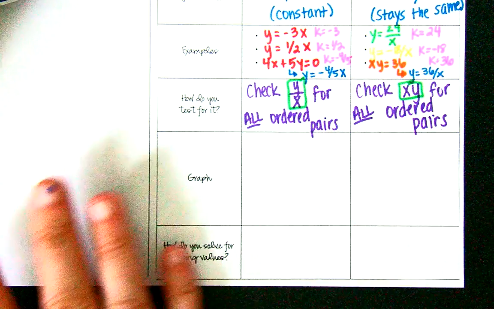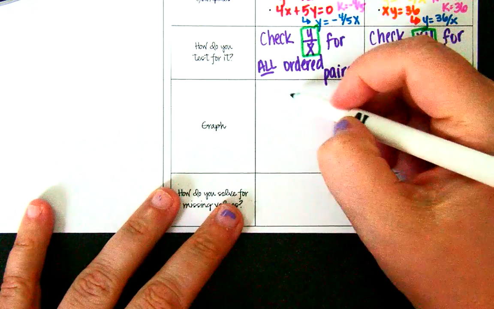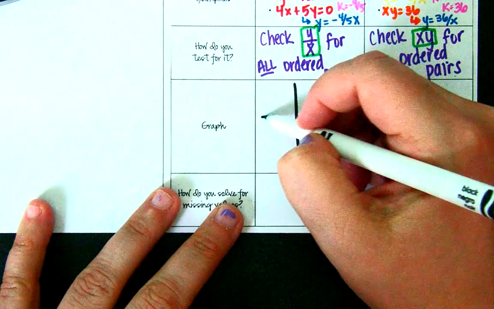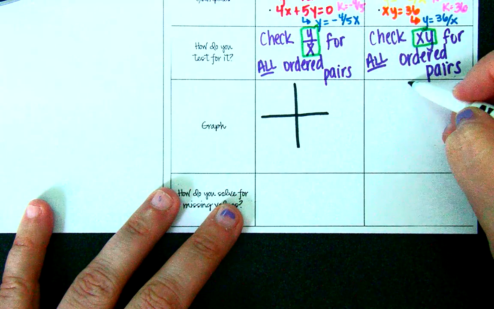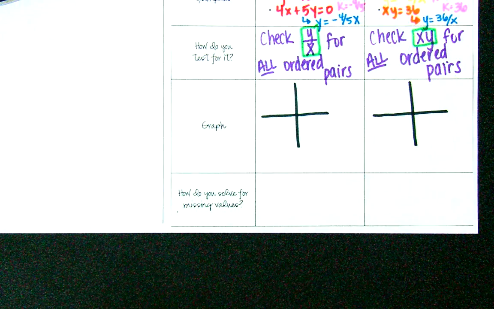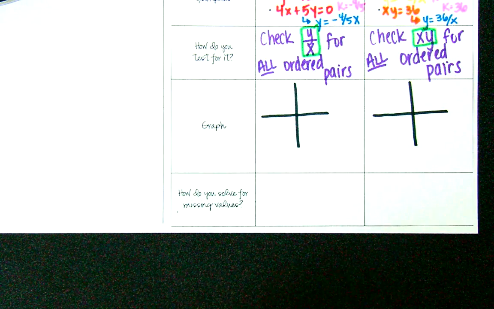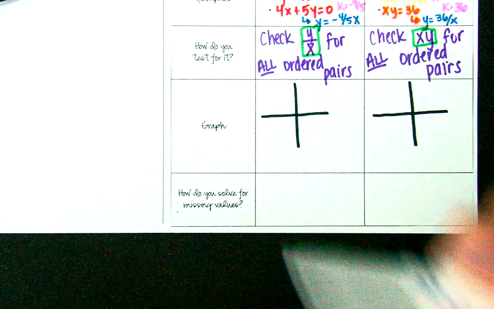All right, now the graph. For direct variation, your graph is going to be a line, and it must go through the origin.